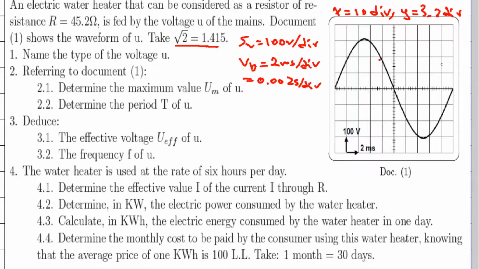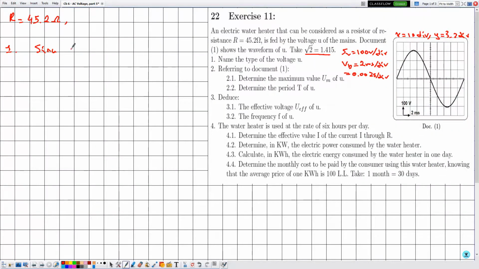Since part of the curve is positive, and part of the curve is negative, it varies with time and alternately positive and negative.